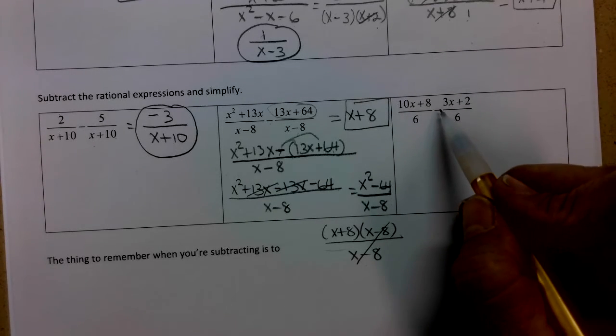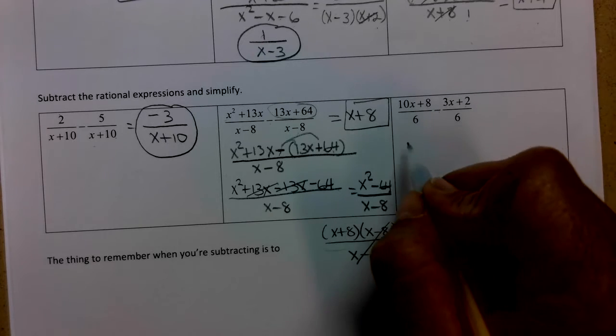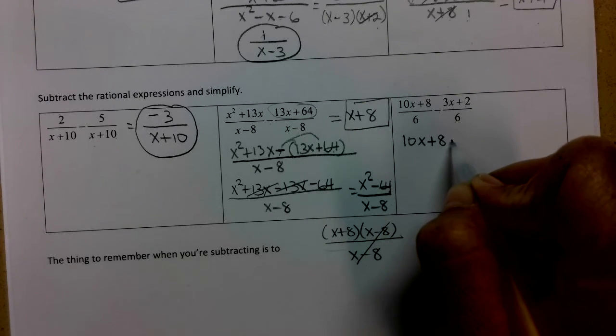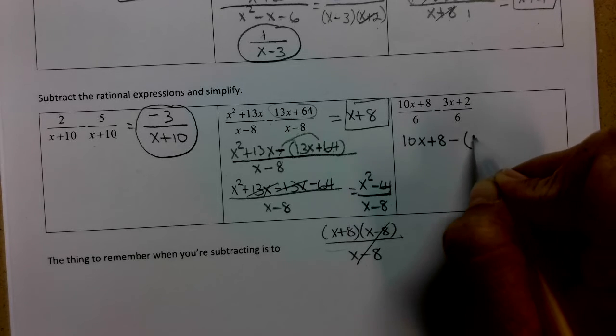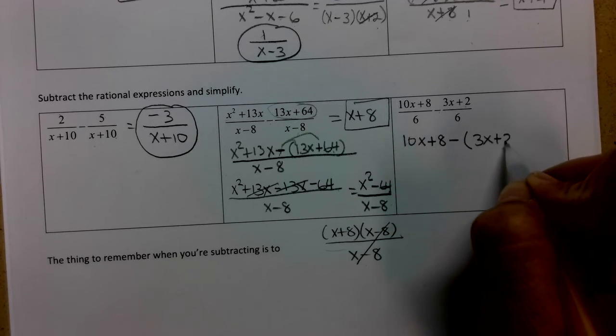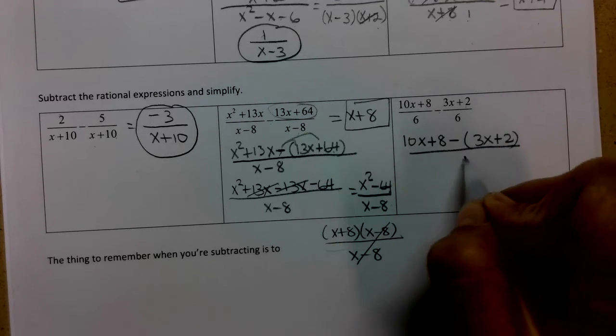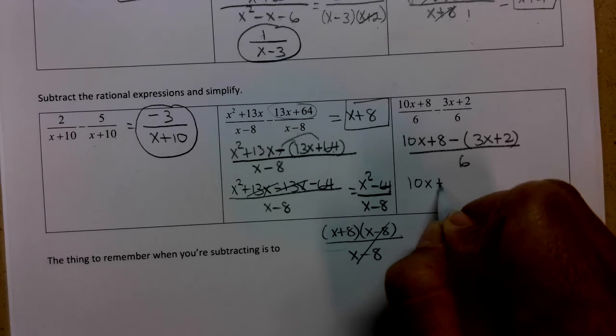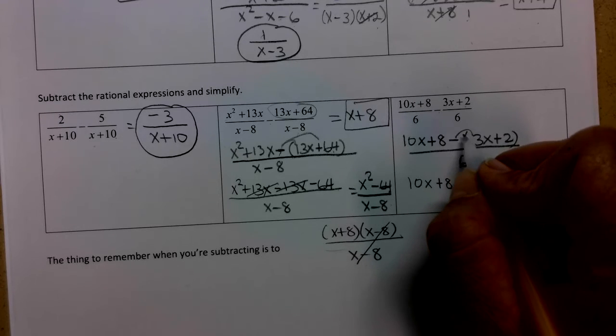All right, last one. And again, we're going to subtract off both terms in that second numerator. So x plus 8 minus parenthesis 3x plus 2, all over 6. So write it again with the parentheses gone. So we're going to take the negative sign through.